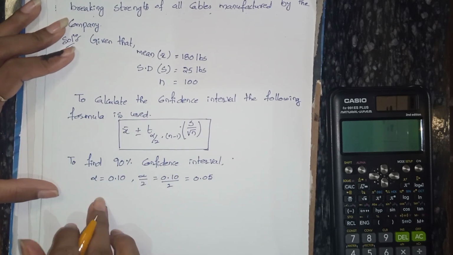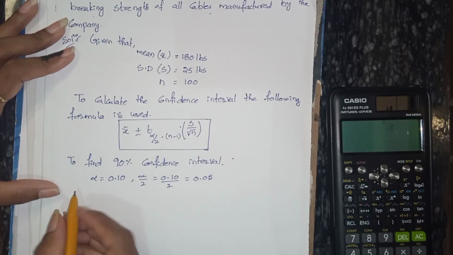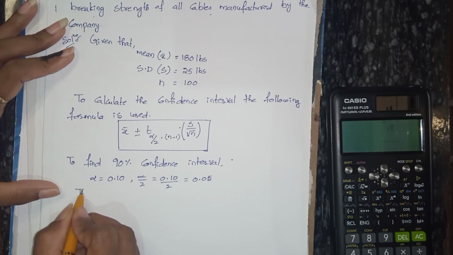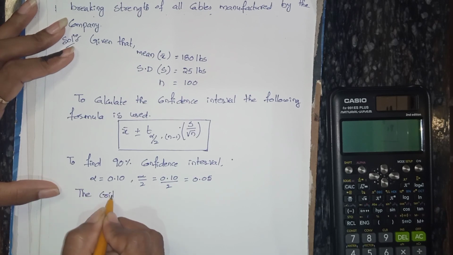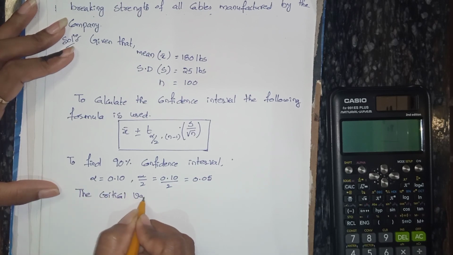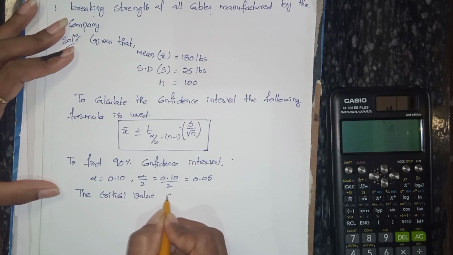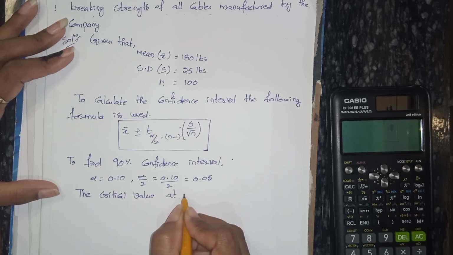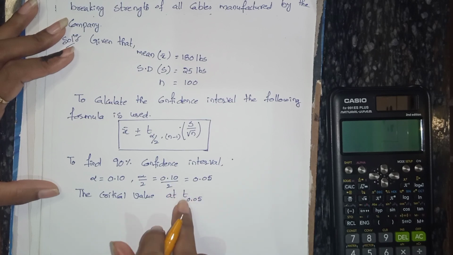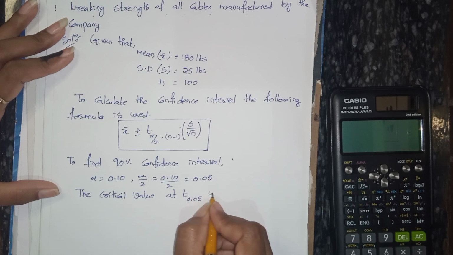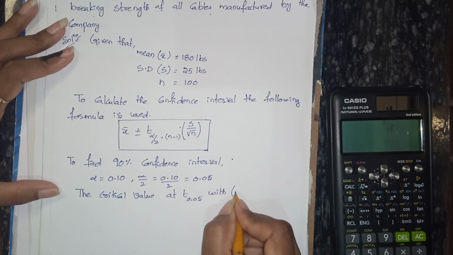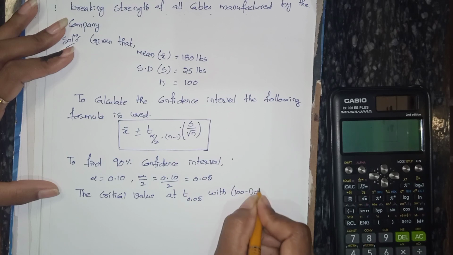Now the critical value at T 0.05, that means 0.05 is the level of significance, with 100 minus 1 degrees of freedom.